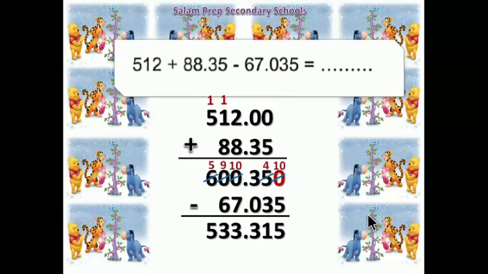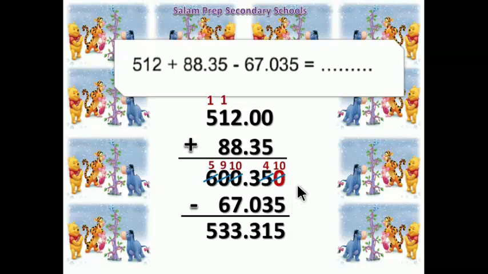like this. Subtract 67.035. But you must put 0 in this number to balance two numbers. Okay? Please don't forget to put 0 in this sum to balance the two numbers.